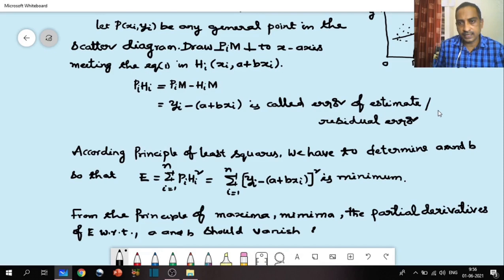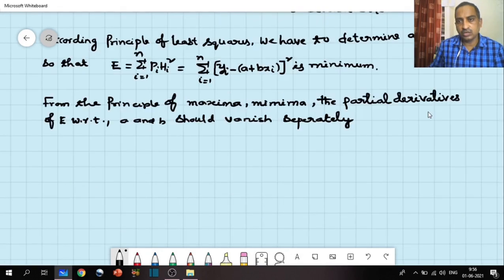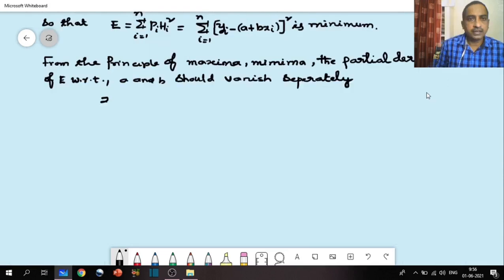So what you are getting from this, dou E by dou a equals 0. That implies dou by dou a of y_i minus (a plus b x_i) whole square equals 0.